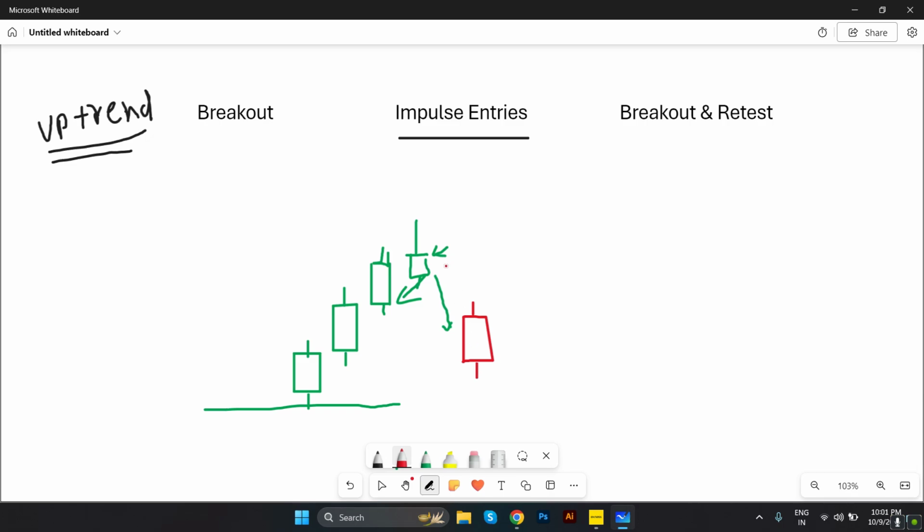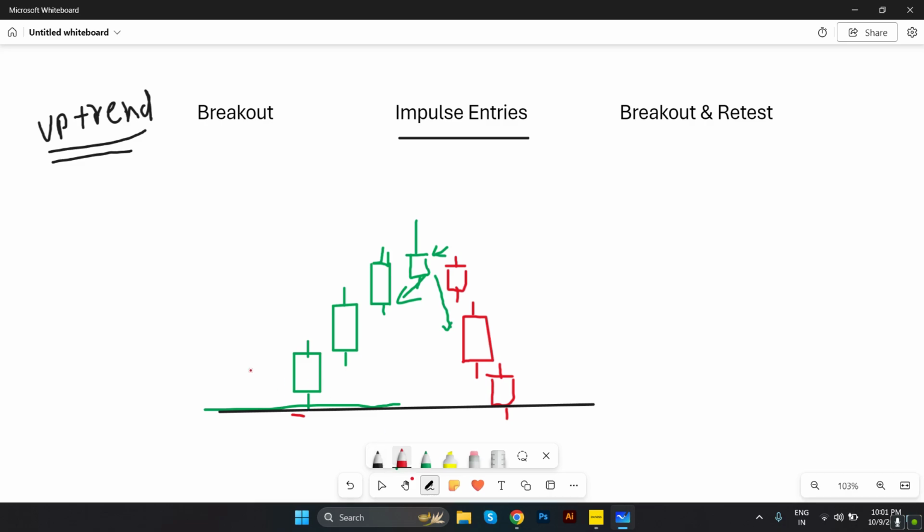Let's say we came down further to test this support area, and you see a candle that has formed bullish in this area. This is what you call a breakout and retest entry.